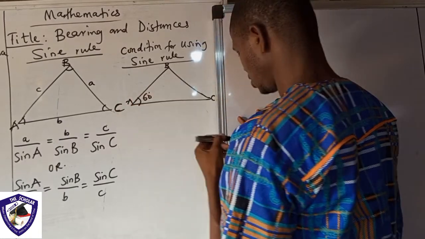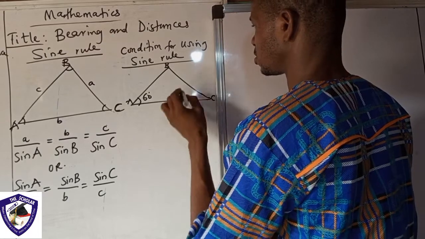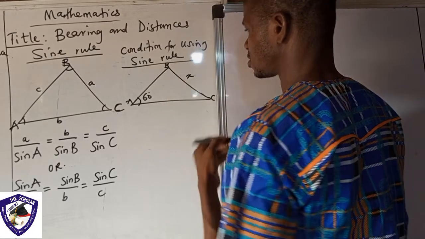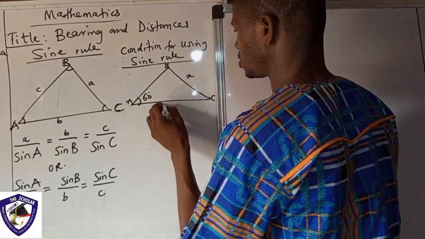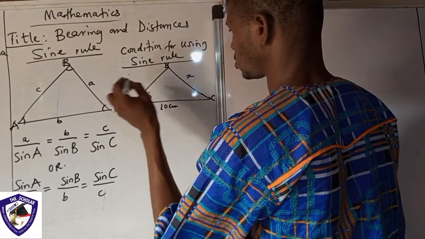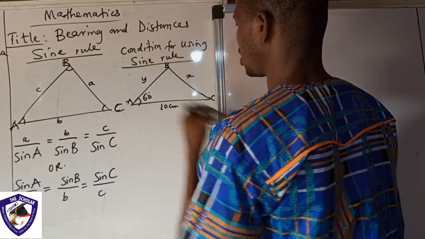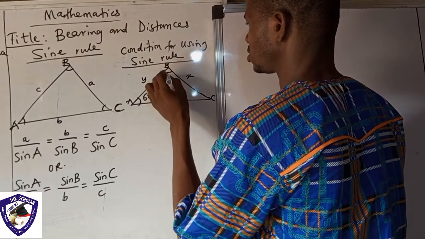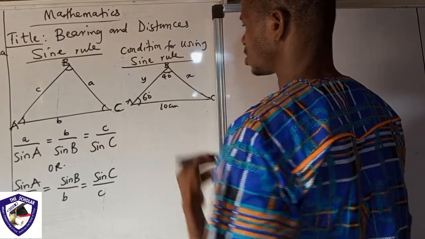This is 60 degrees. This is x. This is 10 centimeter. And this is y. And this is 40 degrees.